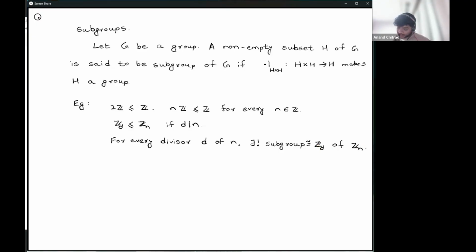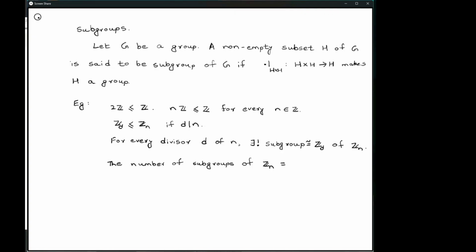Okay? So now can somebody tell me the number of subgroups of Zn? What is the answer?